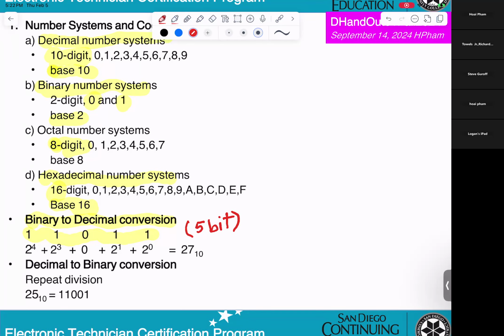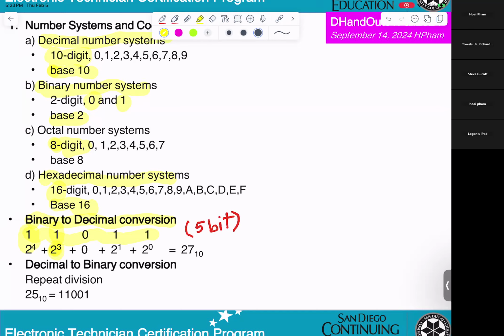Now, first thing, they use 2, that's base 2, to the power. Now, if you stay right here, you count how many bits are left: 1, 2, 3, 4. So that's 2 power 4. And they add the next one, 1, 2 power of 3.